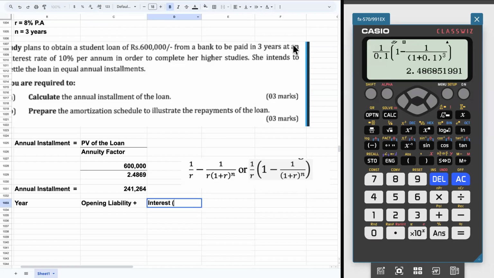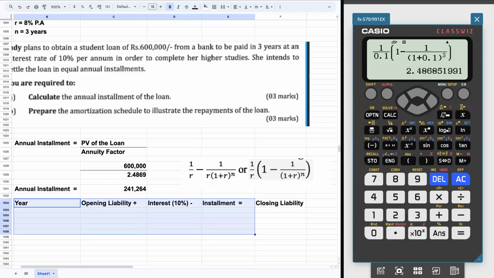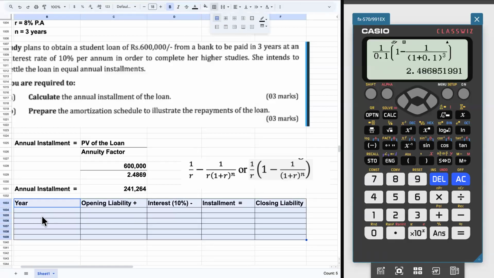In this question, we have to pay 10% per annum. And for the liability and also for the interest, we will settle the installment amount, that is the annual installment, the same amount every year. Then we will end up with our closing liability, right? So then we can develop our table.